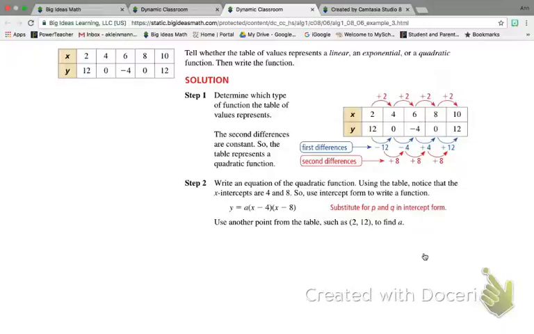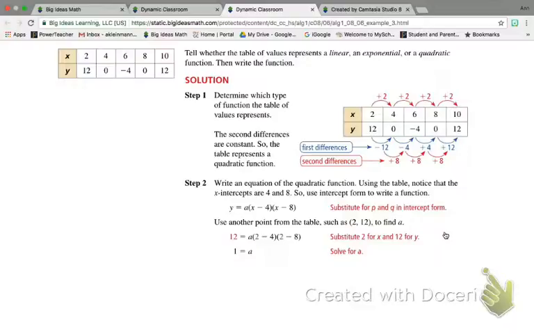So if x is equal to 2, y would be equal to 12, and then the only missing variable would be a. So substitute those values in, a 2 for x and a 12 for y, and go ahead and simplify. In this case, a is going to be equal to 1.